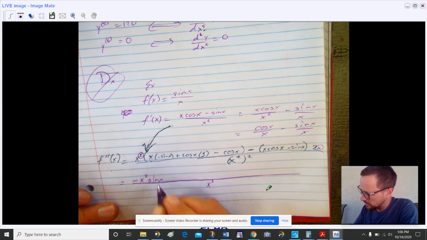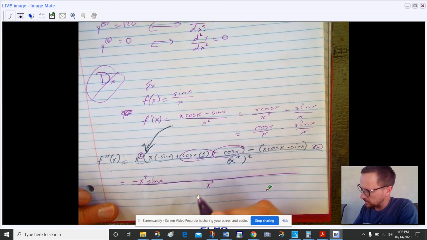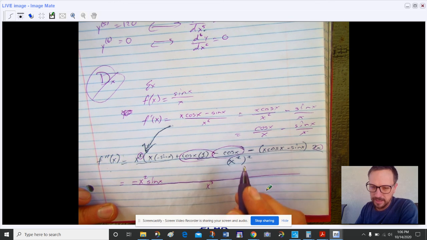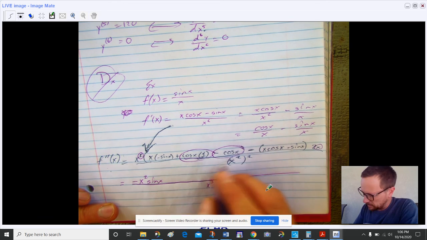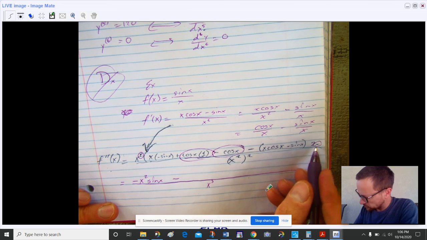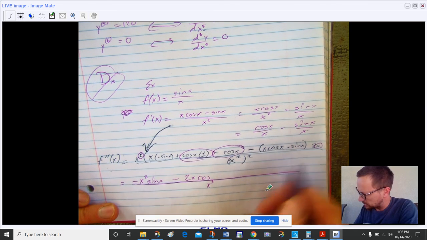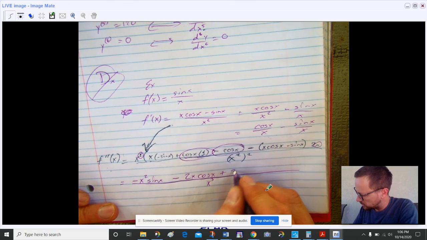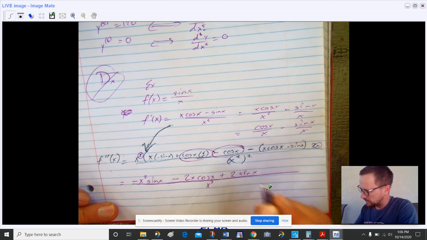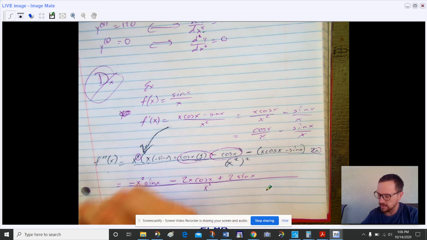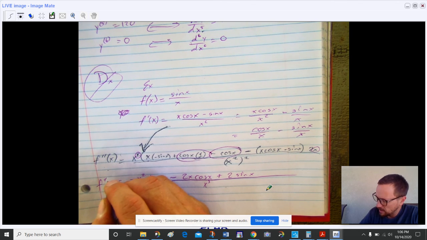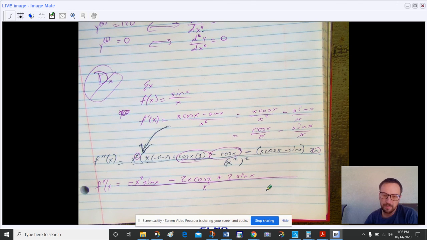This cosine x minus that cosine x, well, that's 0. Nice. And then over here, minus 2x cosine of x, because we have that 2 out there. Negative times negative is a positive, so plus 2 sine x. And so we would get there. That'd be our second derivative. So that's where we get on that one.